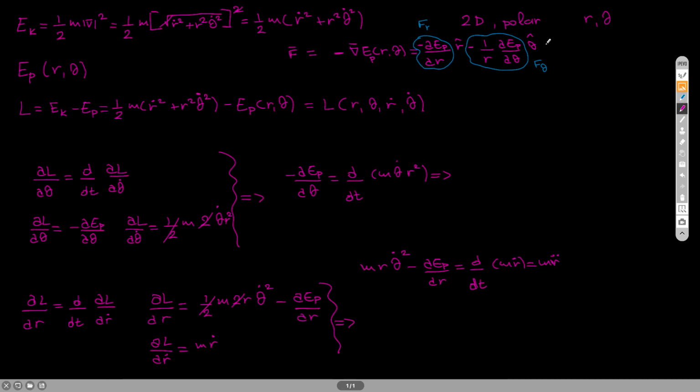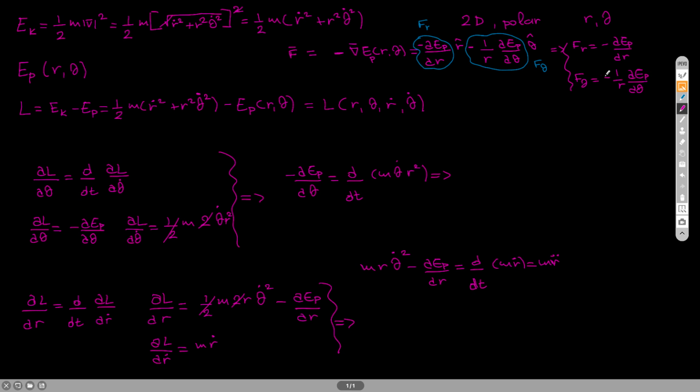What I'm going to get from here is the following. Fr equals minus the partial of EP with respect to r, and F theta is equal to minus 1 over r, the partial of EP with respect to theta.